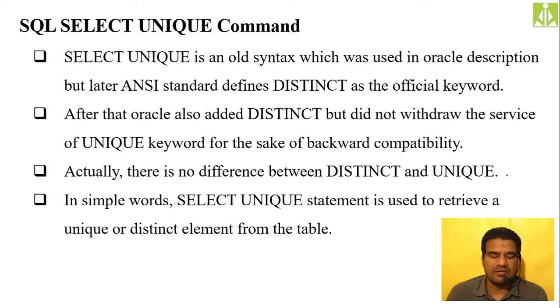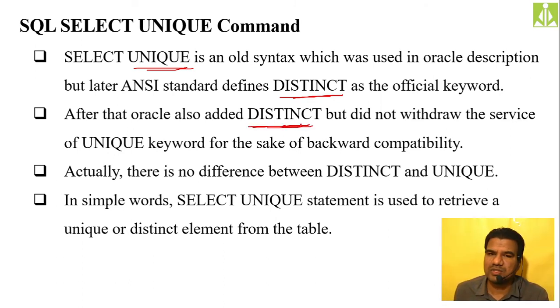Then later the ANSI people redefined this standard, and they took a different command in order to do the same job. Whatever select unique will do, to do that same job, they introduced a different keyword, that is the distinct command. So in place of unique, they have introduced distinct.